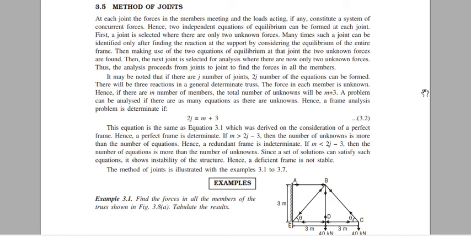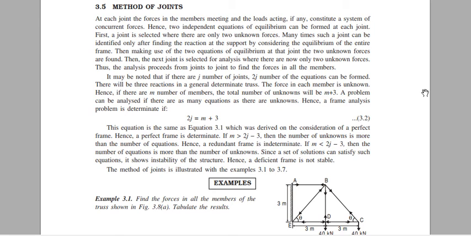It may be noted that if there are j number of joints, 2j number of equations can be formed. There will be three reactions in a general determinate truss. The force in each member is unknown. Hence, if there are m number of members, the total number of unknowns will be m plus 3.